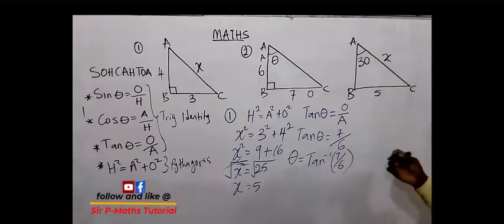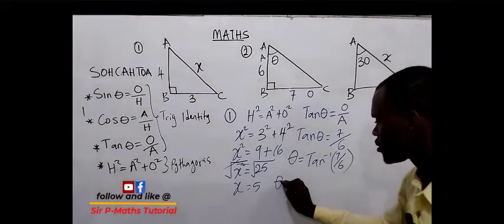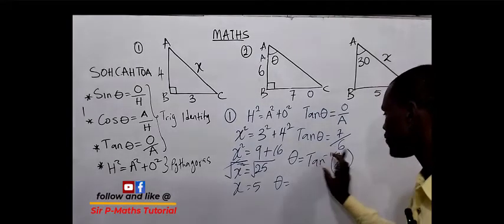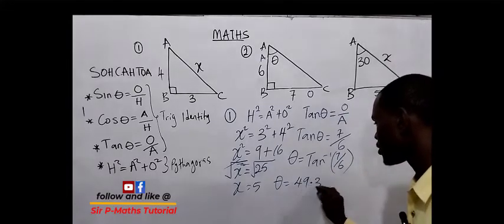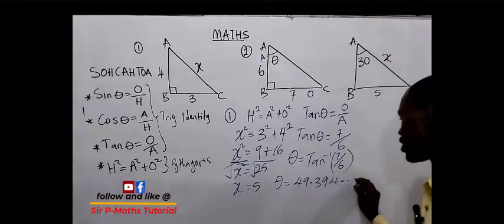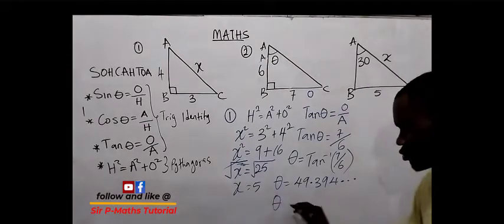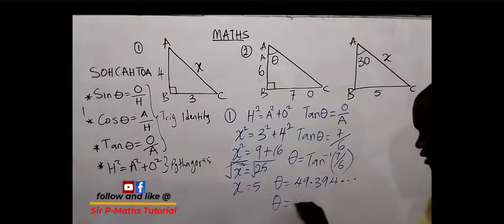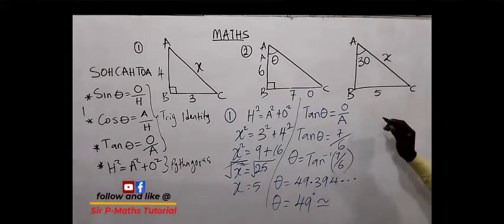If not, you will get a very wrong answer. You can press your calculator now. Theta is equal to tan inverse of 7 over 6, which will give us 49.394 and other numbers following. I can decide to approximate to the nearest degree. I will now have approximately 49 degrees.